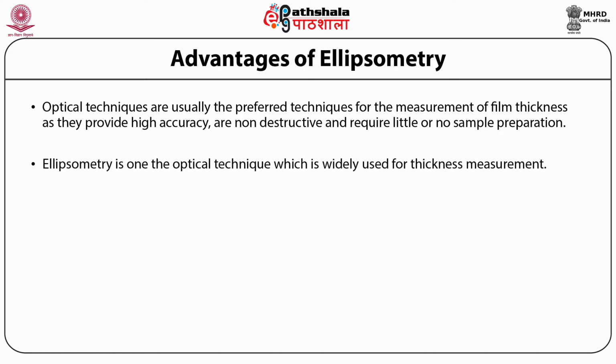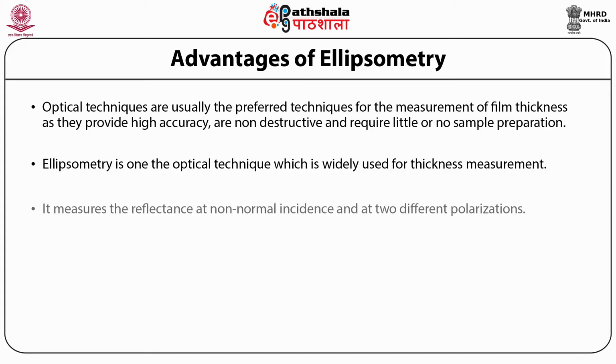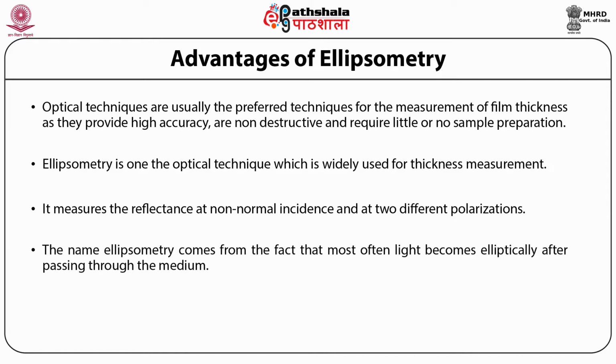Ellipsometry is one of the optical techniques which is widely used for thickness measurement. It measures the reflectance at non-normal incidence and at two different polarizations. The name ellipsometry comes from the fact that most often light becomes elliptically polarized after passing through the medium.